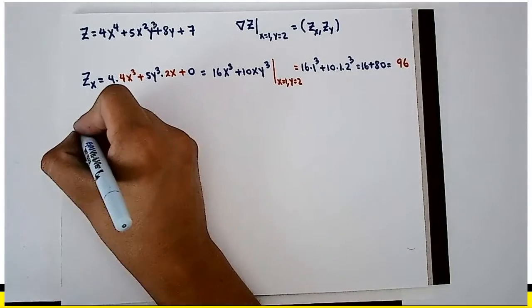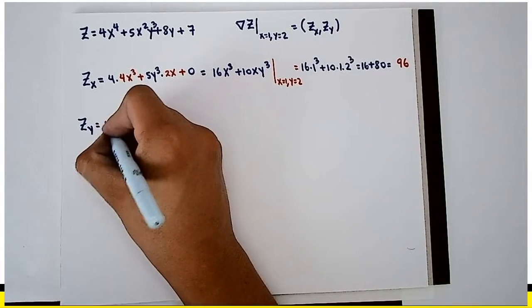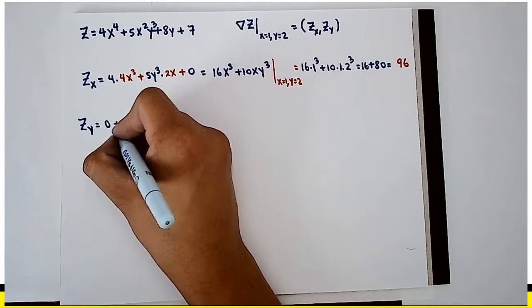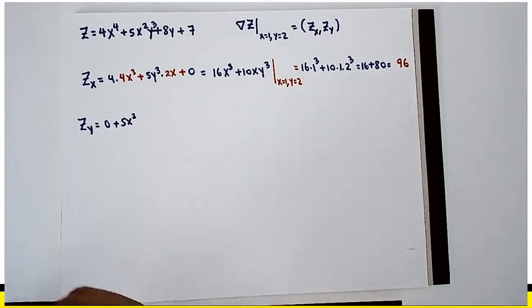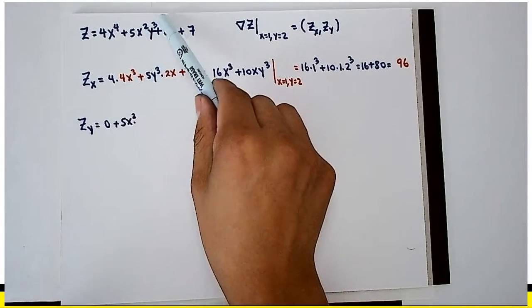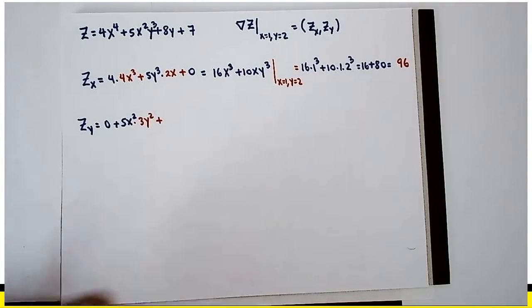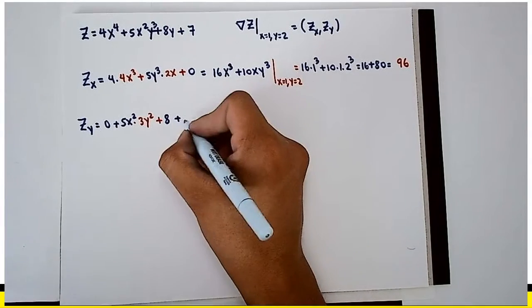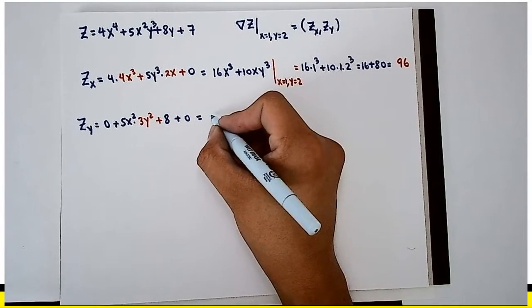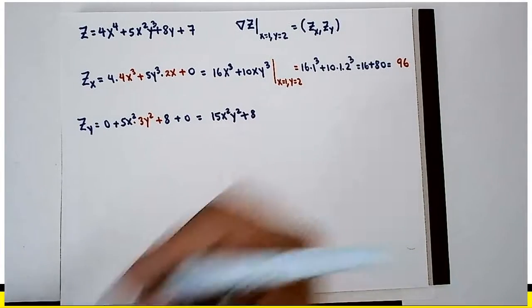Now let's find the partial derivative with respect to y. The first term is 0 because it does not contain y, plus here the constant part is 5x squared times the derivative of y to the third with respect to y is 3y squared, plus derivative of 8y with respect to y is 8, and then the derivative of the constant is simply 0. So this is 15x squared y squared plus 8.